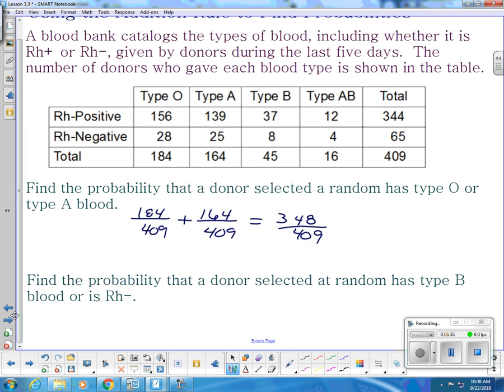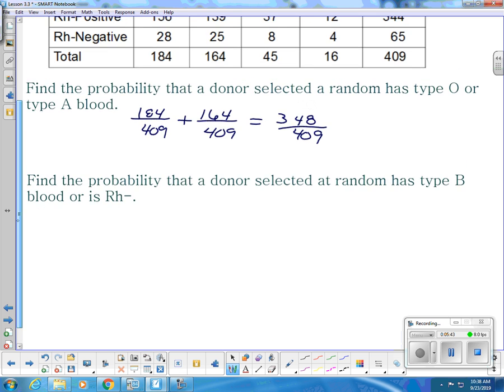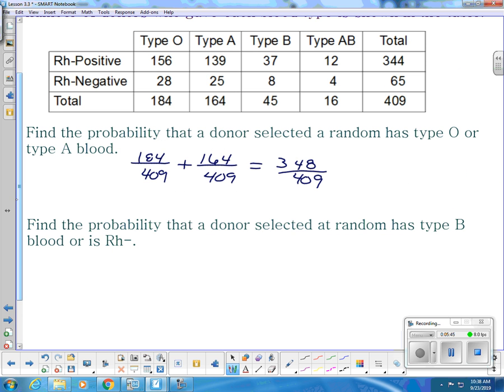Find the probability that the donor selected has a random type B or is Rh negative. So B is 45 out of 409. Rh negative is 65 out of 409. Are these mutually exclusive?